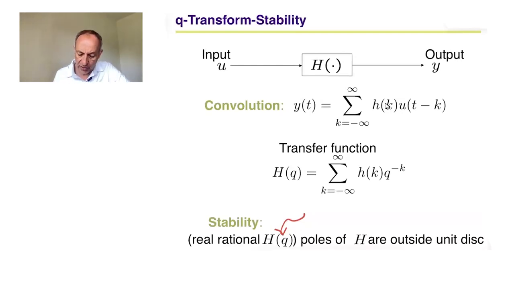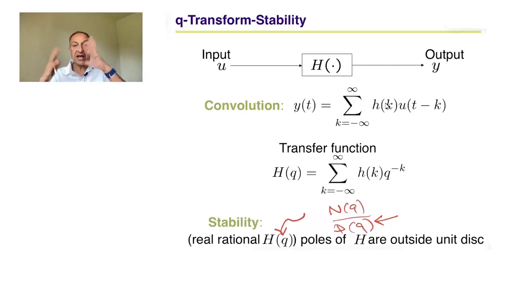So we think of H of Q typically as a numerator as a function of Q over a denominator as a function of Q. And what you need to do is look at the zeros of the denominator, and make sure that these zeros are outside the unit disk. Their magnitude is greater than 1. Okay? That's a characterization of stability that allows us to automatically look at the transform and say whether the actual system that we're looking at is stable or not.